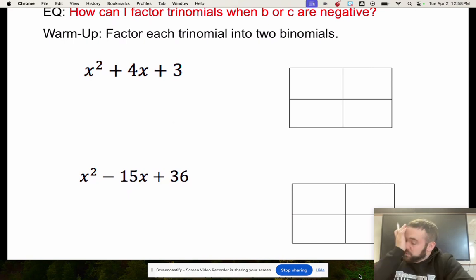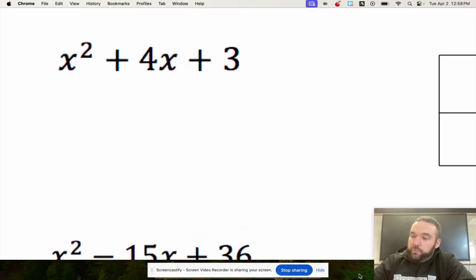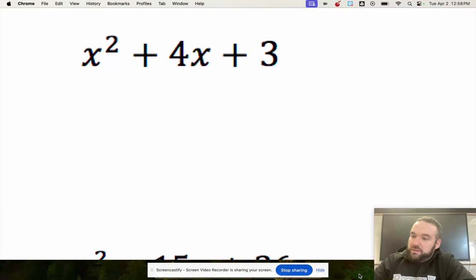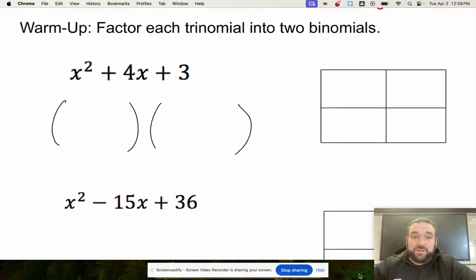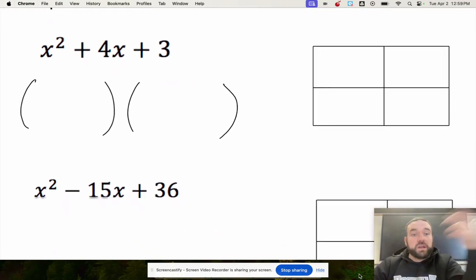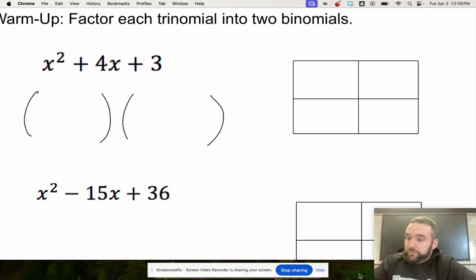So, just a reminder, factoring a trinomial, the idea is I'm trying to break this down into two binomials that will multiply together to equal x squared plus 4x plus 3. And one way we did this was we took the first term, x squared, and using the box or the rectangle method, I'm going to put my first term, x squared, in the upper left-hand box.